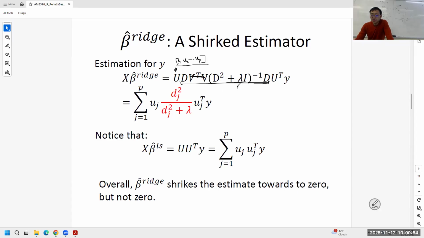So this matrix essentially becomes a diagonal matrix with an entry dj squared over dj squared plus lambda, right? So it becomes a diagonal matrix and the other elements are just zero, okay?